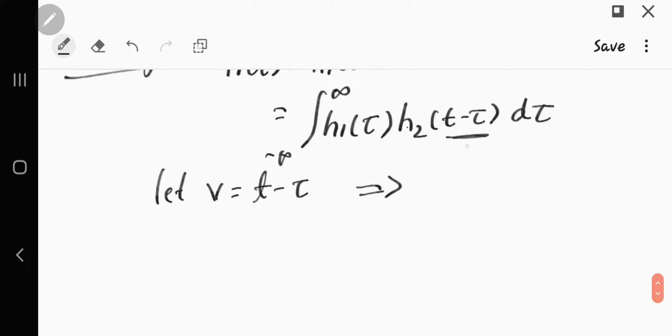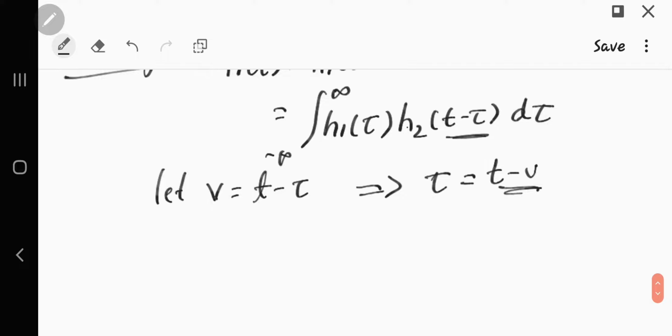So then what happens to this tau? Tau will be equal to t minus v.